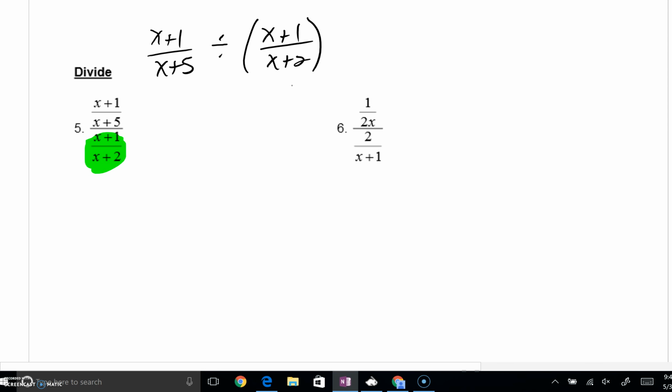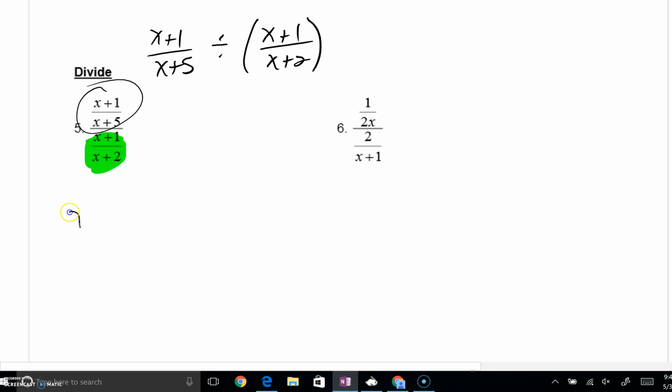Whatever's down below in that denominator, you're saying take the numerator, divide it by that green highlighted expression. So at this point, you don't have to rewrite it that way, but you most certainly could just flip that second fraction. That's what I personally would recommend that you do.